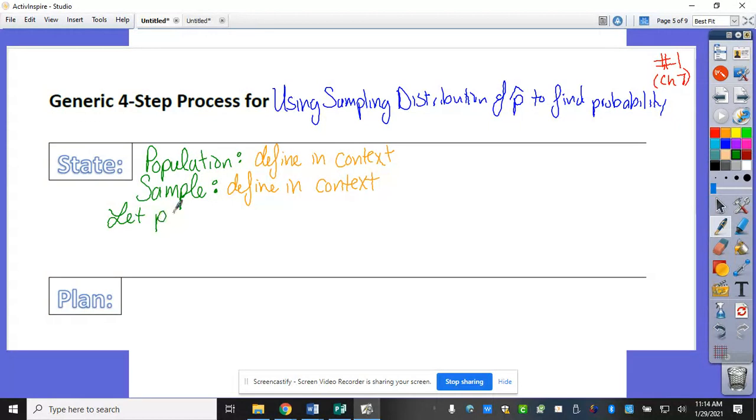So let P be, well, what's it always going to start with? Then a context. Sorry, defining context. I wasn't going to write define it. I went back and decided to.